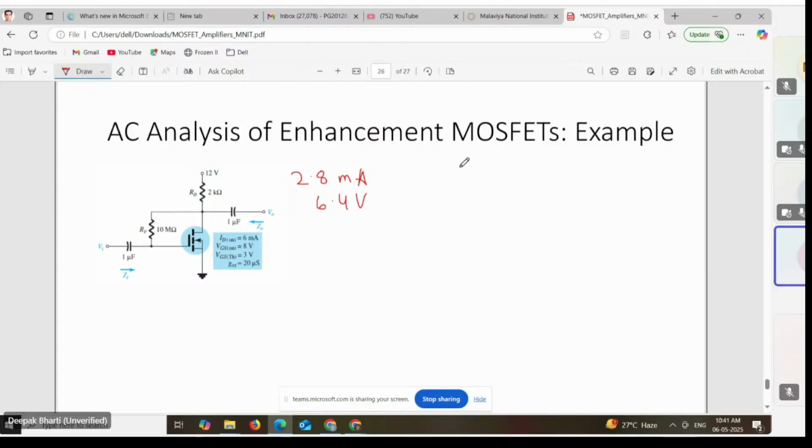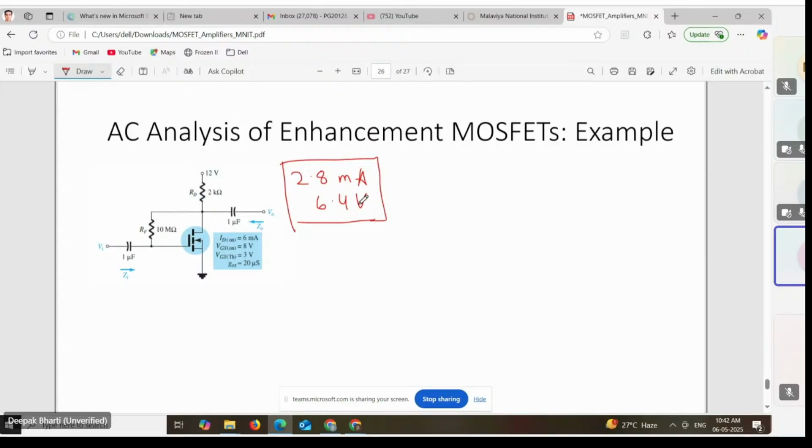You need to get the roots, select the appropriate root, and in this way you can determine the operating point. This we have discussed yesterday. Using the same lines only, I have written the operating point, and these are the same values that we had calculated yesterday.